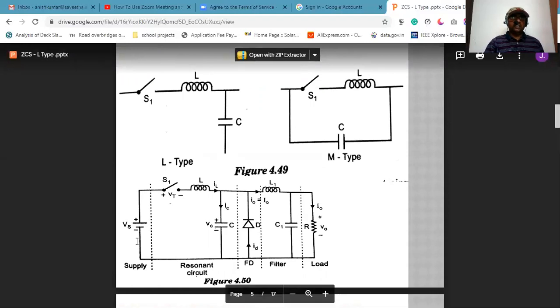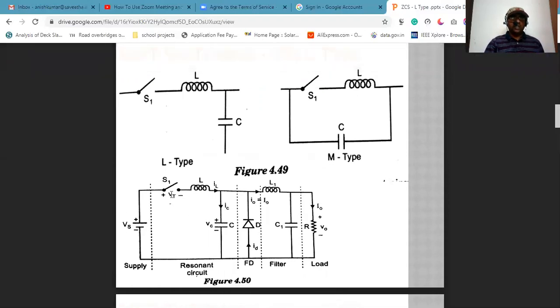Vs is the supply voltage, S1 is the switch, L and C are called the resonance circuit, diode D is called the freewheeling diode, L1 and C1 are called the filter, R is called the load, and Vout is the output voltage.